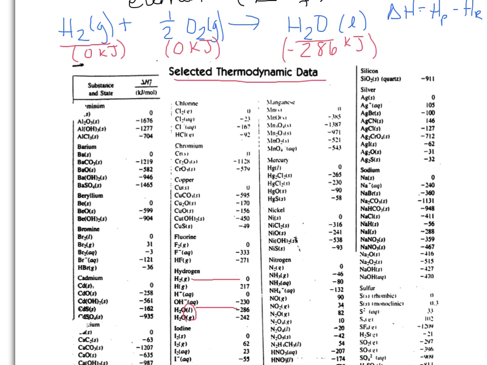If you add all of our products up, we have a negative 286 kilojoules, and we're going to subtract from that 0 kilojoules. So delta H for this reaction is a negative 286 kilojoules.